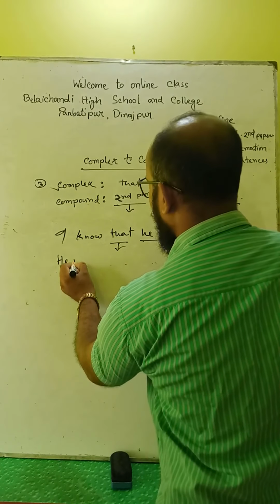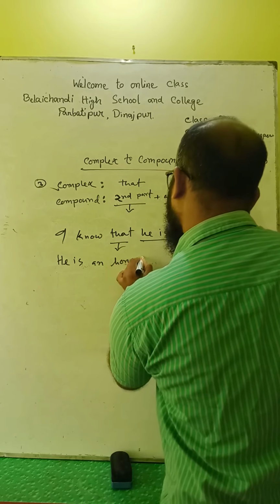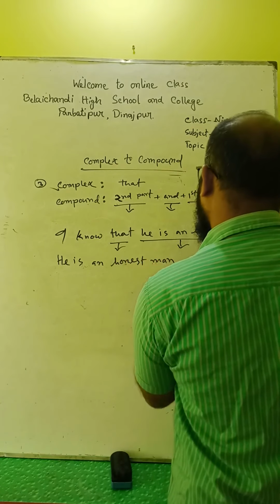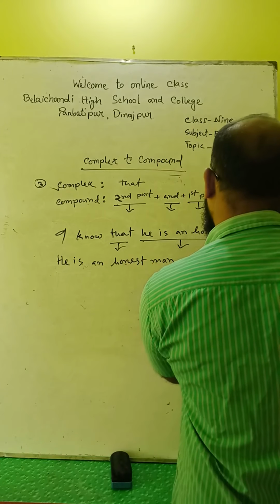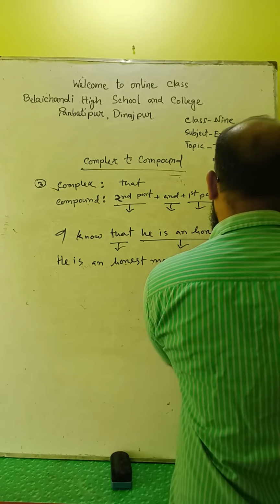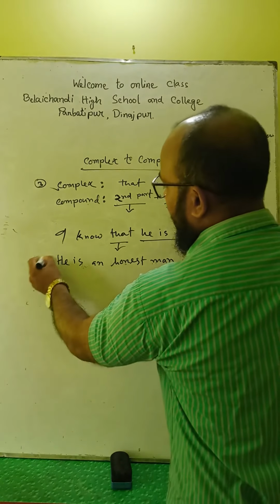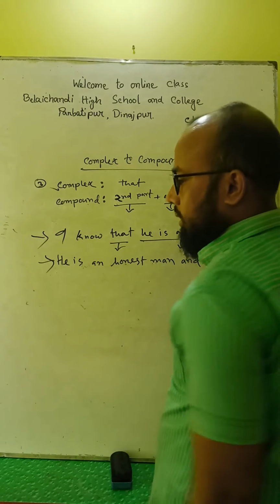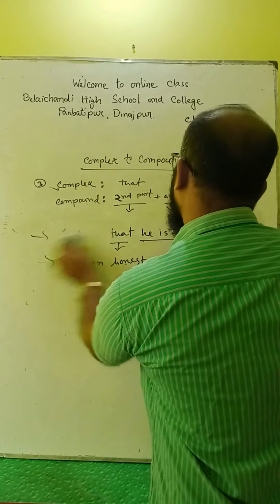He is an honest man, and I know it. Okay, this is a compound sentence and this is a complex sentence. Okay, and next rule.